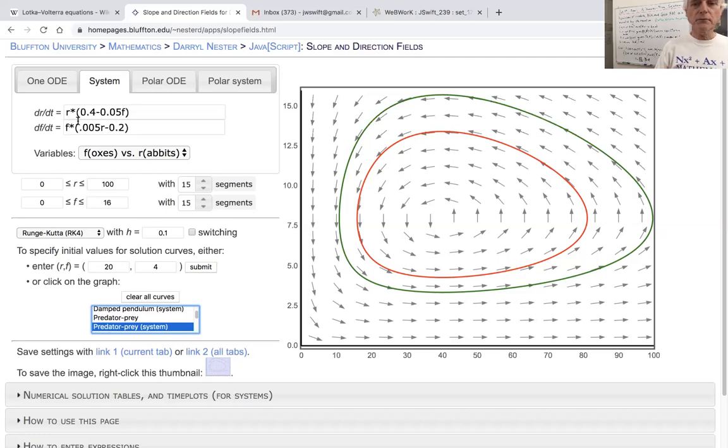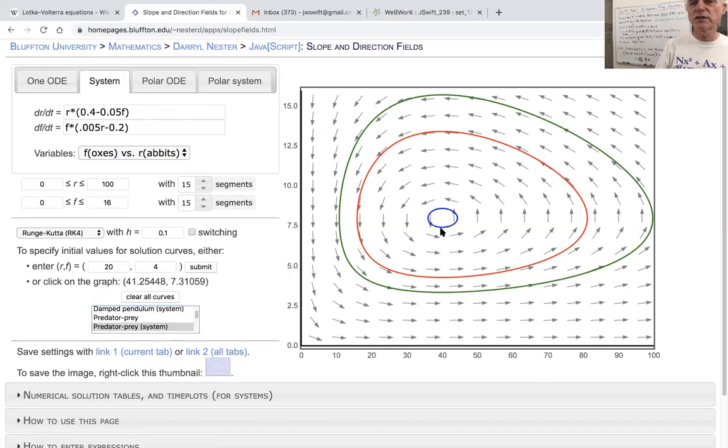So this is something that we see here. The rabbits will just grow exponentially if there's no foxes, and the foxes will decay exponentially if there's no rabbits.